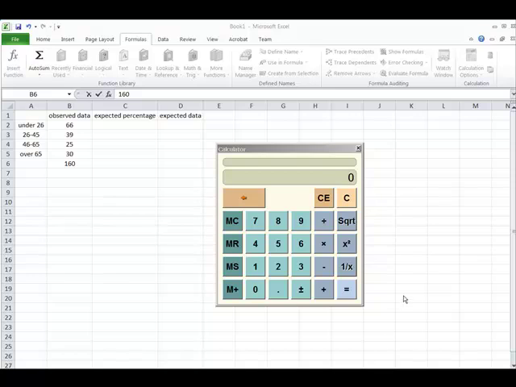The expected percentage, since I'm thinking that they are proportional, equal by the null, I would take my 100% and divide it between the 4 groups, each group giving 25%.